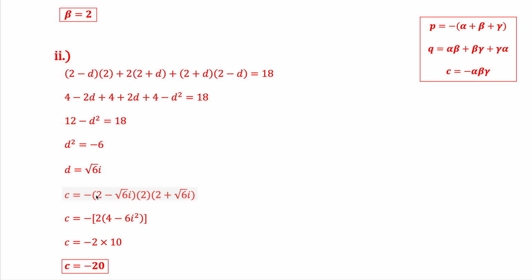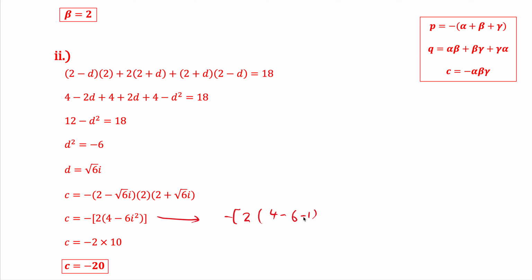Now from here, if we apply the difference of squares formula to this bracket and this bracket, this will be 2 times 4 minus 6i squared. Now to make this absolutely clear, what I've done is, this will be 2 times, now 4 minus 6i squared is equal to negative 1.